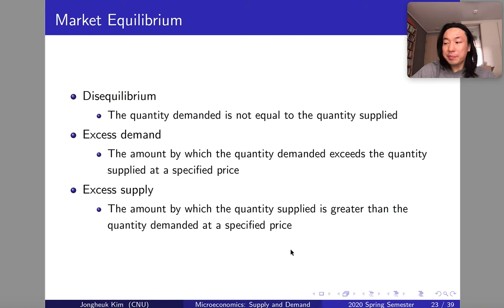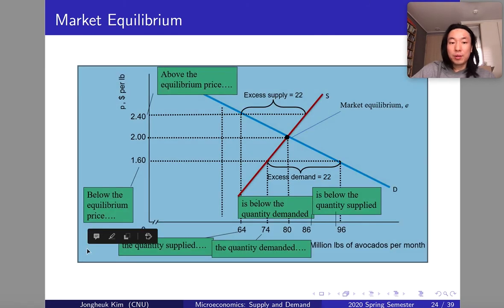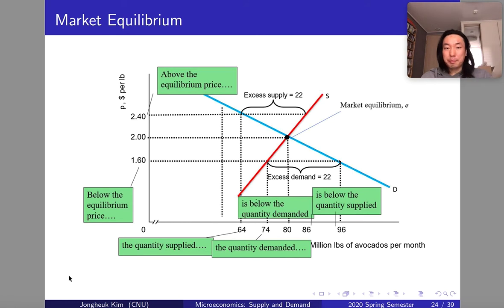And disequilibrium is not necessarily bad, which means we cannot judge equilibrium as a good thing or disequilibrium as a bad thing. We just see what is happening in the market right now. This is just a pictorial representation of the equilibrium.